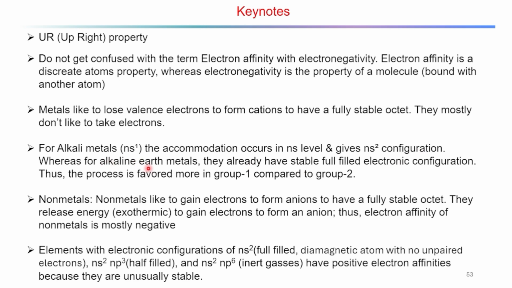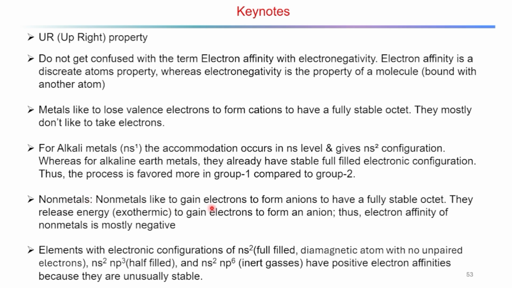Whereas alkaline earth metals already have a stable full-filled electronic configuration. Thus, the process is favored more in group 1 compared to group 2. Group 2 elements already have ns2 configuration, so they do not favor taking additional electrons, whereas group 1 elements having ns1 can take the electron and achieve the ns2 state.